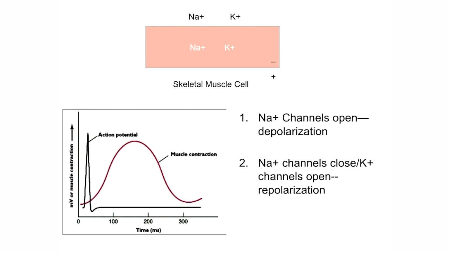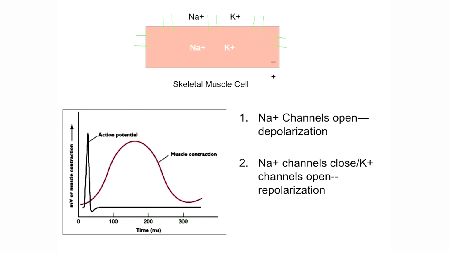So I'm going to use green now to represent potassium channels opening. So I'm drawing some potassium channels in. These potassium channels are opening all across the membrane. You guys know that potassium is at a higher concentration inside of the cell.